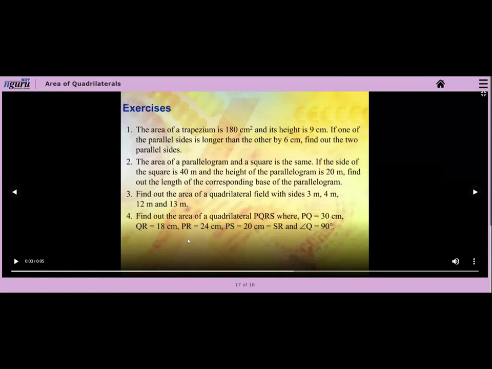Okay? If you have any questions, you can just send me the question. Find out the area of a quadrilateral PQRS. PQ is given, QR is given, PR is given, PS is given, SR is given, and angle Q is given. So you have another four more questions for homework.